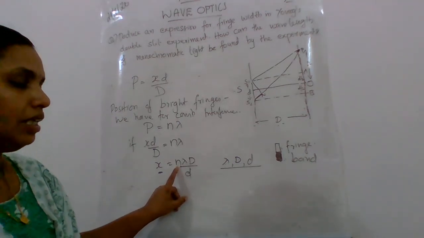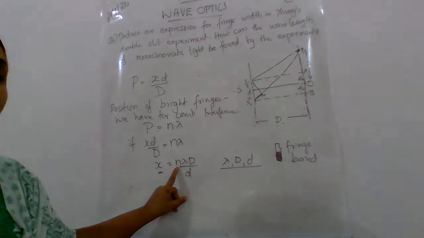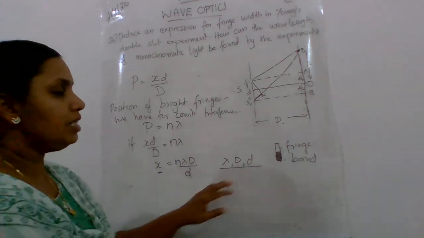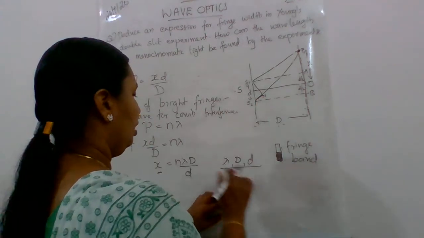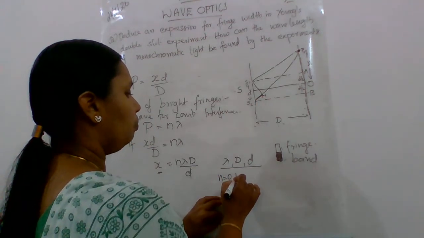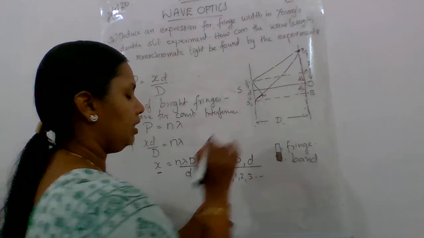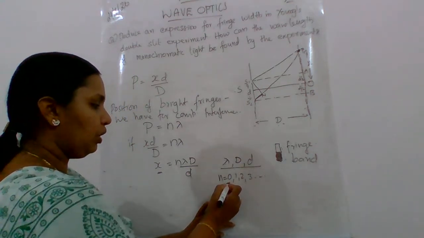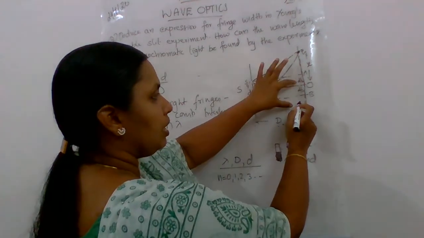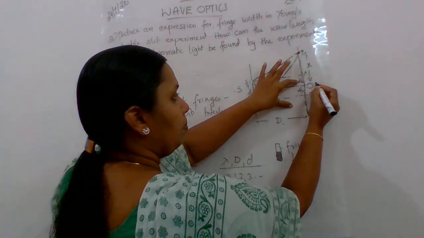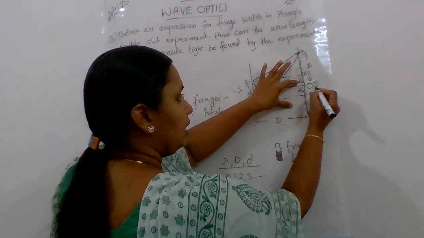And n represents the number of the fringe: n is equal to 0, 1, 2, 3, etc. n is equal to 0 means x is equal to 0, that is the center point.